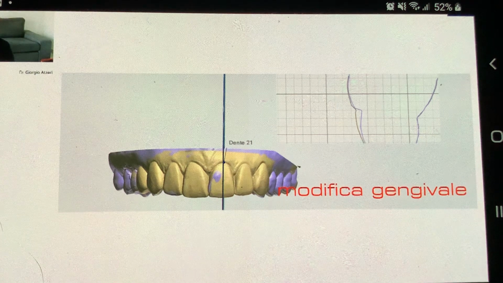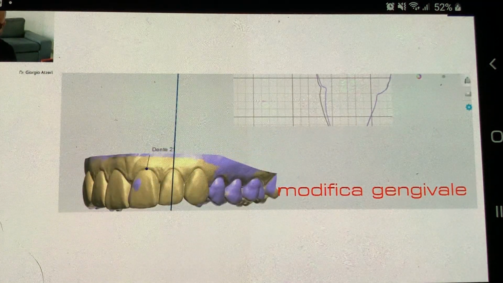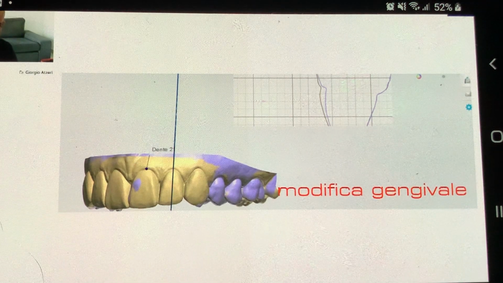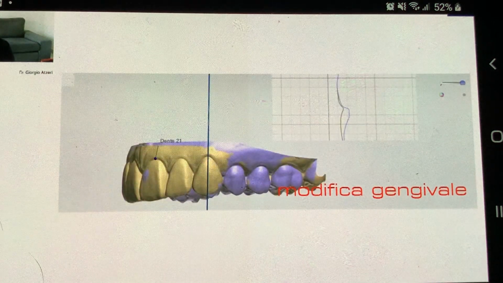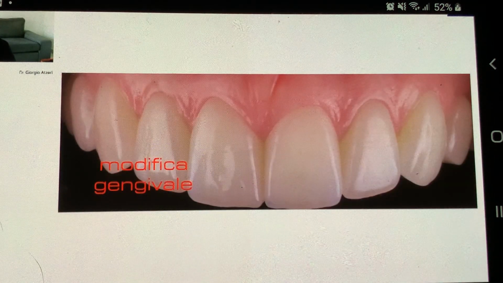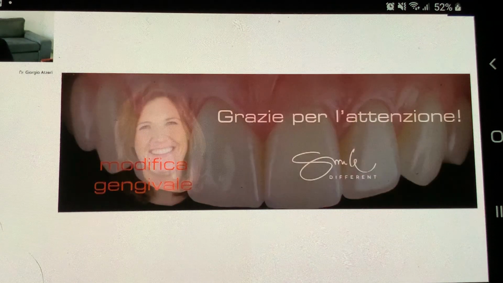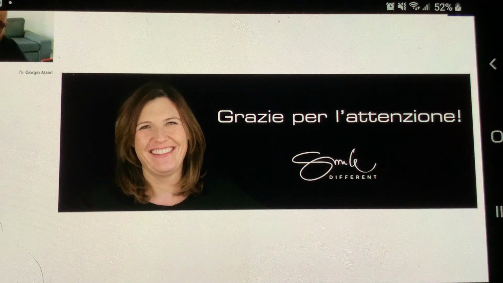You see, even though it is slight, we always have a new increment, and this increment is not only on the gingival limit, but also a bit in the upper part, in the fornix. Towards the fornix, this is the gingival modification, and this is our patient who is really happy with what we did.